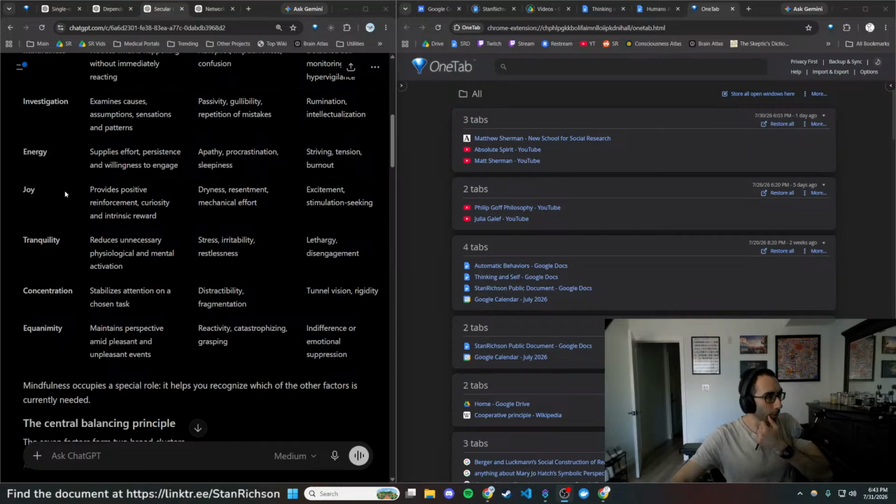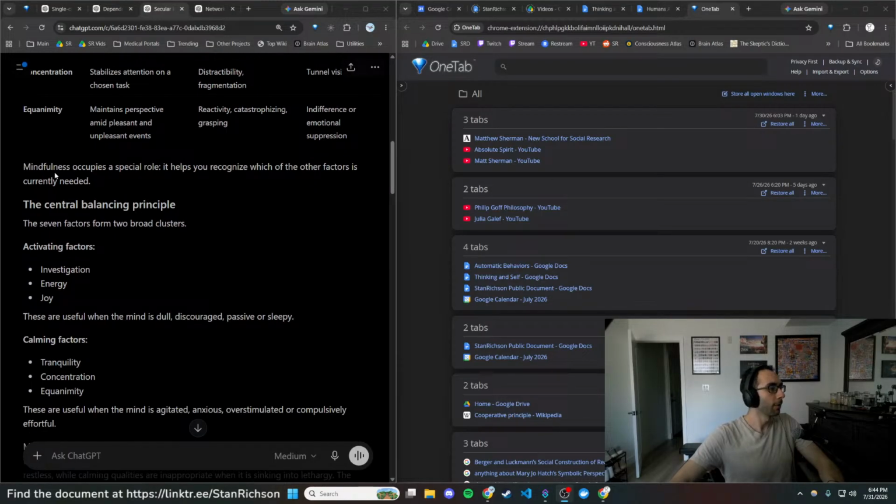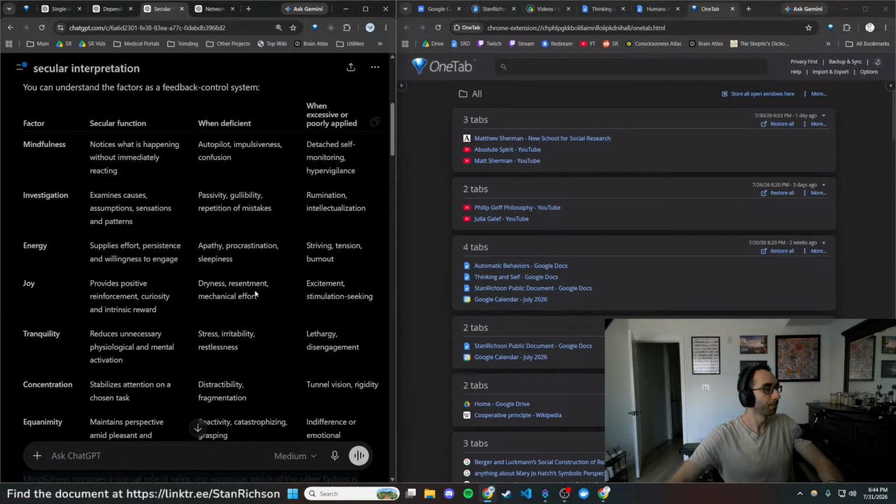Joy provides positive reinforcement, curiosity, and intrinsic reward. Tranquility reduces unnecessary physiological and mental activation. Concentration stabilizes attention on a chosen task. And equanimity maintains perspective amid pleasant and unpleasant events. So mindfulness occupies a special role. It helps you recognize which of the other factors is currently needed.